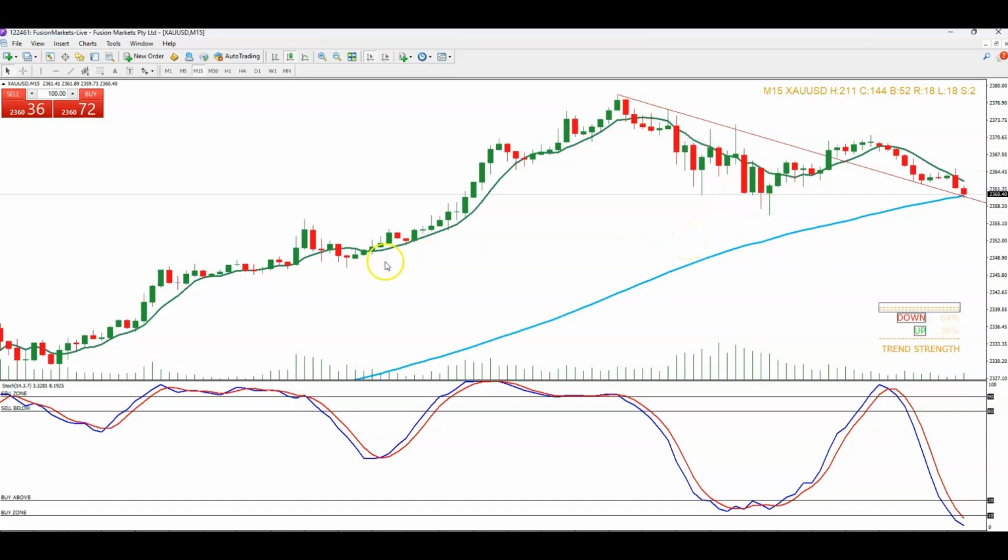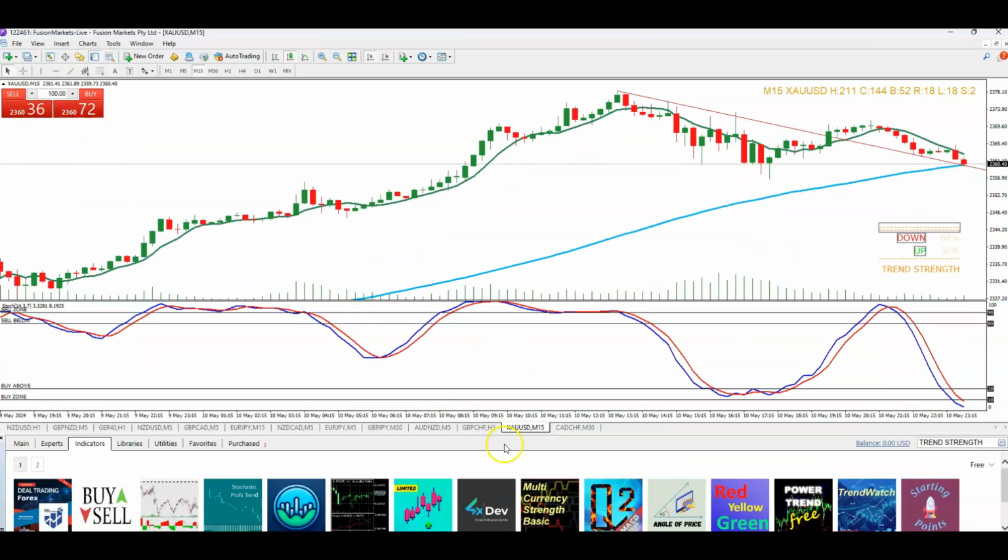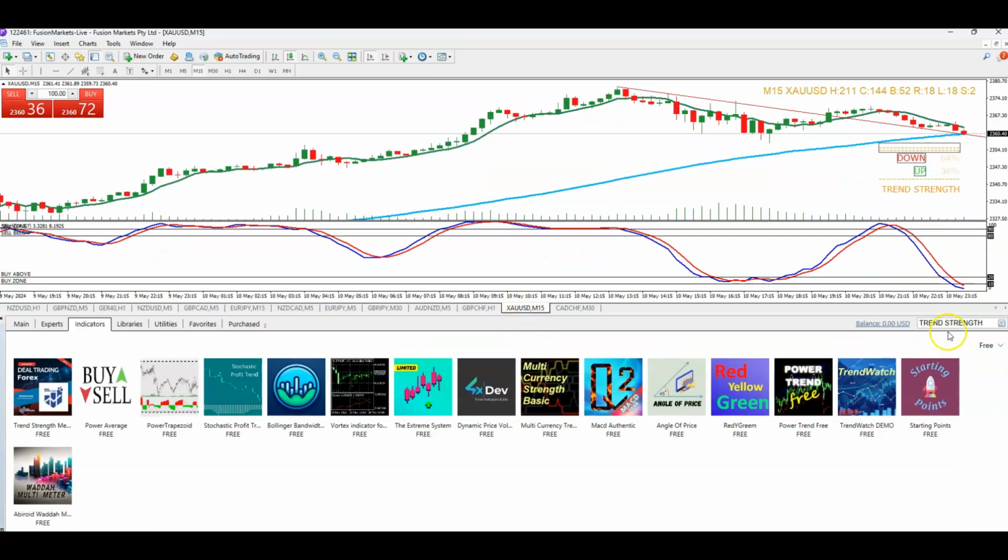Let me just show you how to get the trend meter. Just go to terminal, type in trend strength meter here, and you want it free, you don't want to pay for it, and it's this one here. That will come onto your screen once you've added it to your terminal.